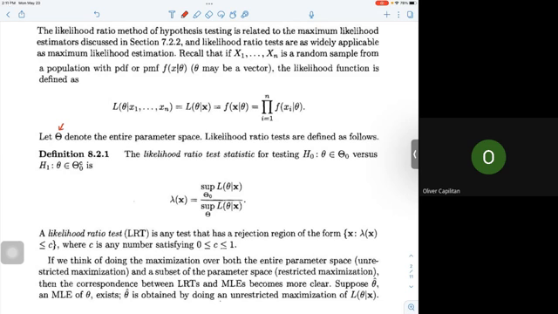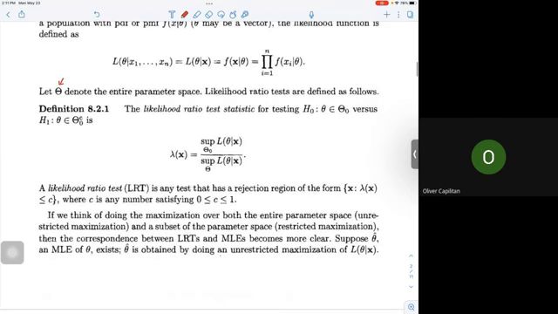So lambda of x is equal to this fractional expression. We have the supremum of the likelihood function of theta given our sample x over the null parameter space divided by the supremum of the likelihood function of our parameter theta given x. The supremum is over the entire parameter space.